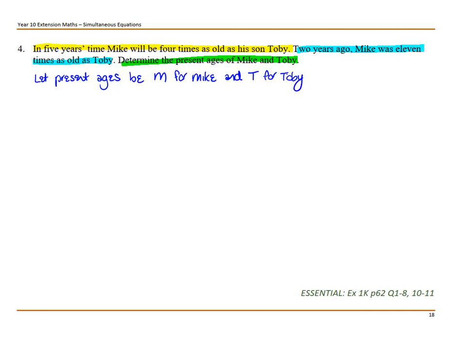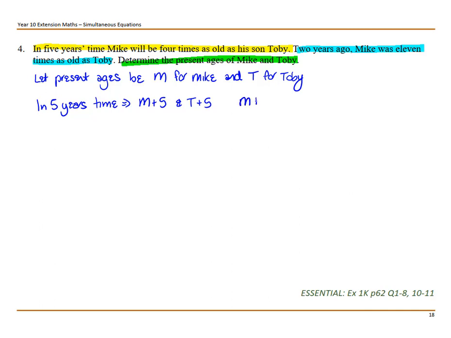First one, in 5 years' time, we're going to be dealing with M plus 5 and T plus 5. So that's very critical when you're coming up with your equations. So in 5 years' time, Mike will be 4 times as old as his son Toby.